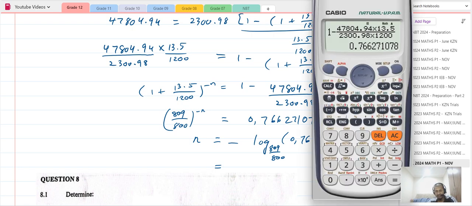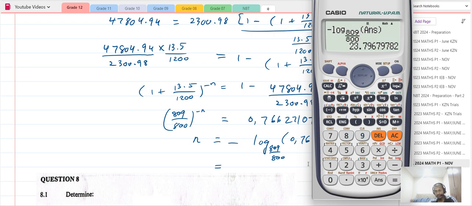Alright, so let's see what answer we get. Log of my answer, negative in the front, base 809 over 800.